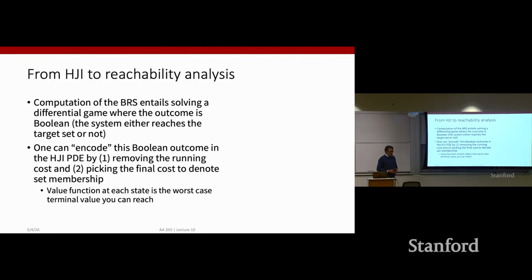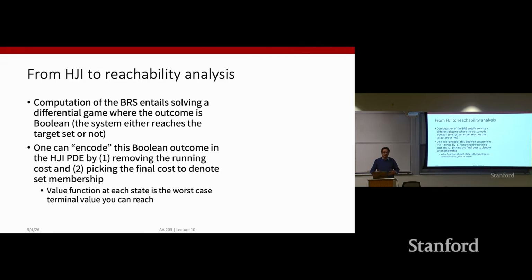At the level of a two-player structure, it should be quite intuitive that the Hamilton-Jacobi-Isaacs formalism is well set up to address these problems. The question, though, is how do we instantiate the problem formulation in a way that is aligned with the definition of a backward reachable set, particularly because belonging to a set or not is a binary condition, while in the optimal control formulation, we only framed things in terms of a cost function.